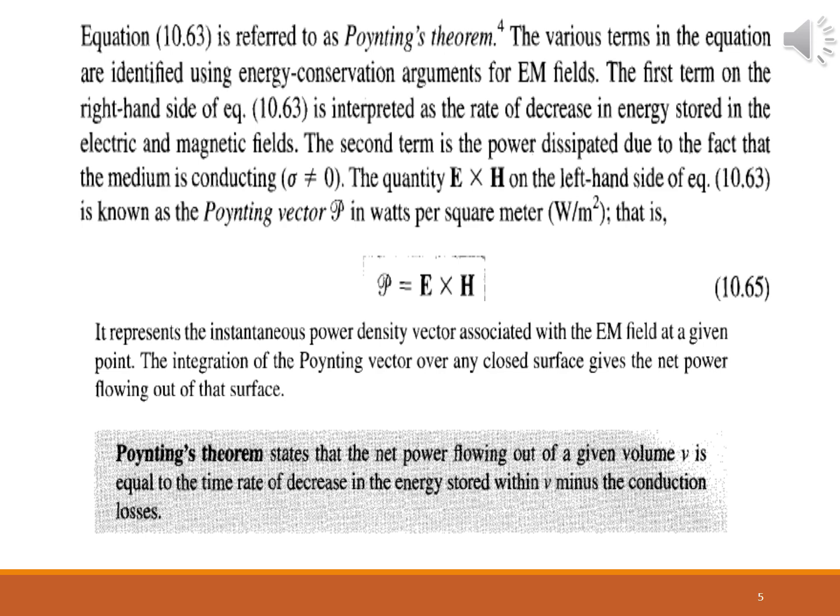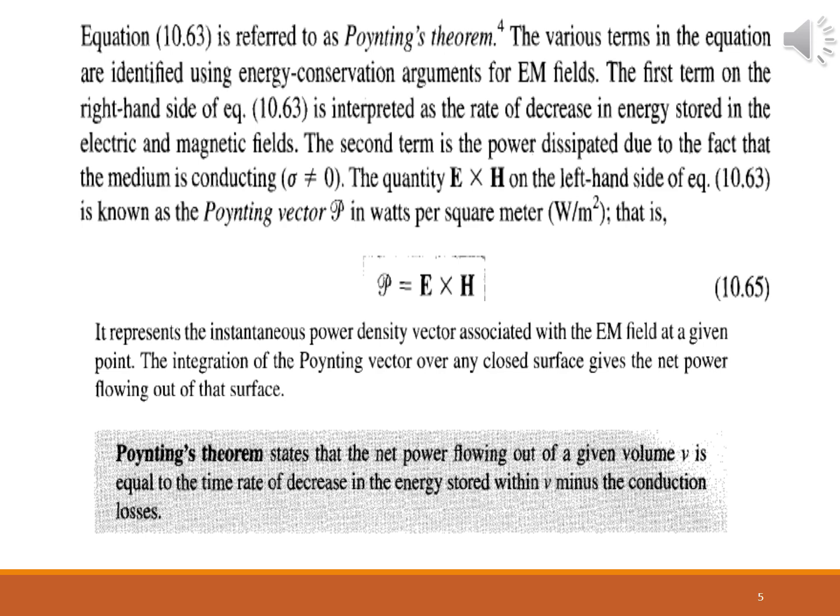So if you want to find out the net power that is flowing out of a given surface, you just need to integrate the Poynting vector. The Poynting vector is associated with the power density, and if you integrate it over a closed surface, that will give you the net power that is flowing out of the surface.